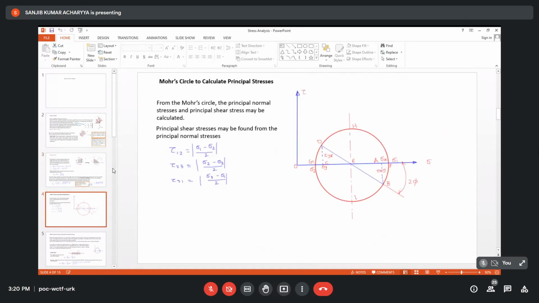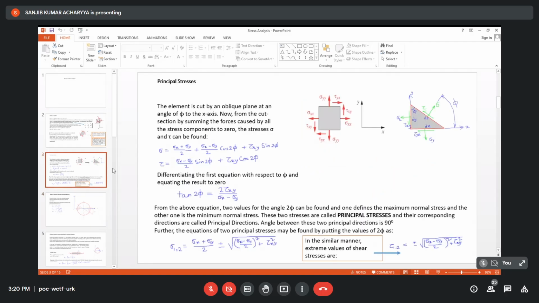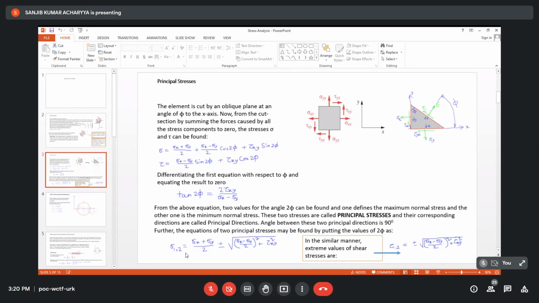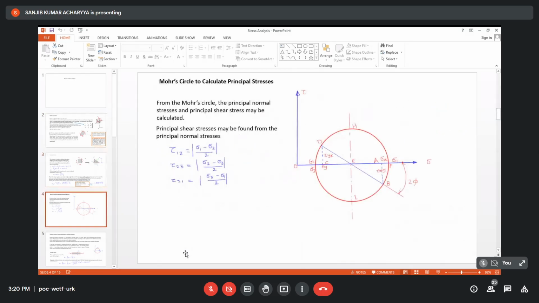It will be helpful. And from here, you have to know tau 1, 2, tau 2, 3, and tau 3, 1. The general expression is given for 3D. You know sigma 1 and sigma 2, no? If you find out (sigma 1 minus sigma 2) by 2, that will give you the value of tau 1.